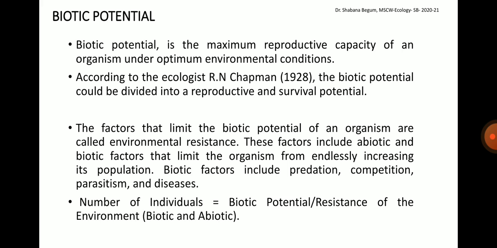Also, we should know it is not just enough to calculate the number of individuals to estimate the biotic potential. Why? Because the individuals need to be in the reproductive age, and not all the individuals are in the reproductive age. Some may be in the pre-reproductive age and some may be in the post-reproductive age in a population.